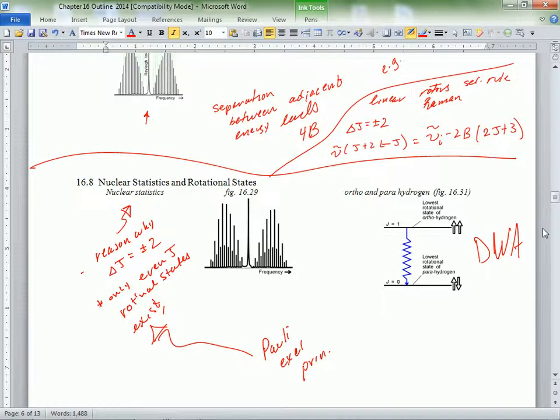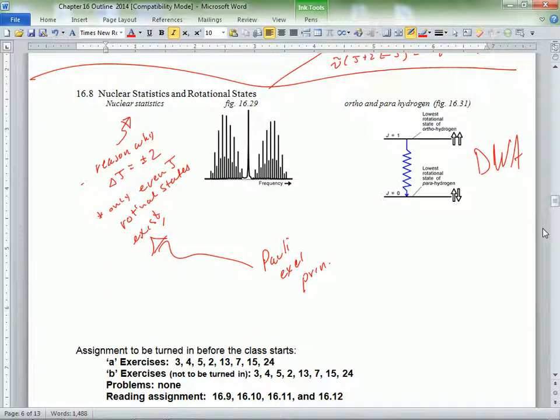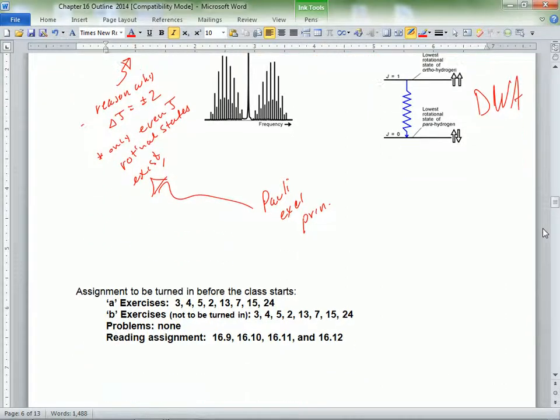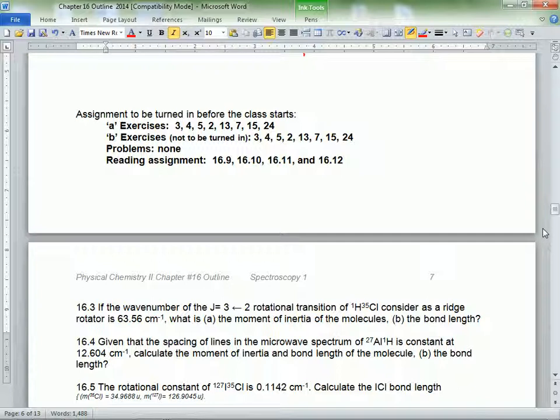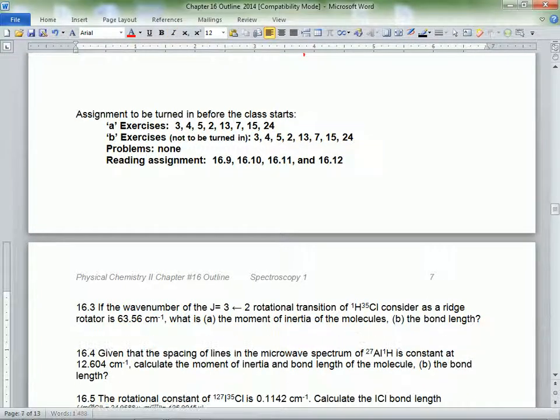Okay. So let's take a look at some of this homework. We'll start with number 3.